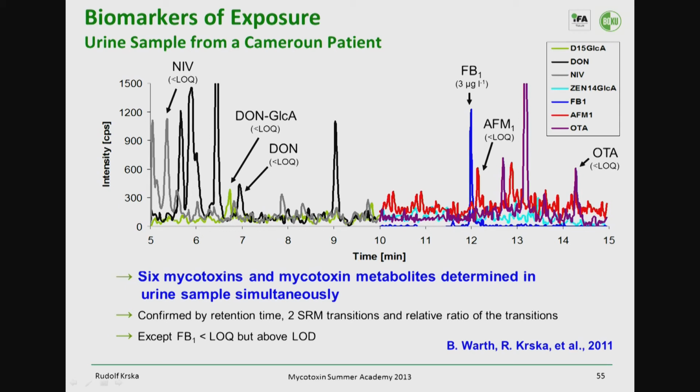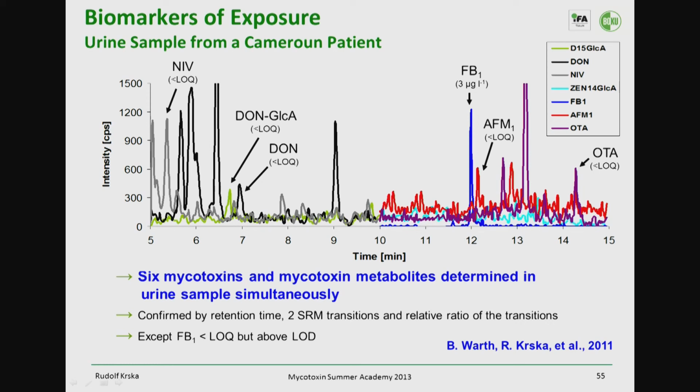And here is just an example from a patient in Cameroon. 6 mycotoxins and metabolites like nivalenol, DON glucuronide, aflatoxin M1, FB1 were detected simultaneously. That's not the latest study.